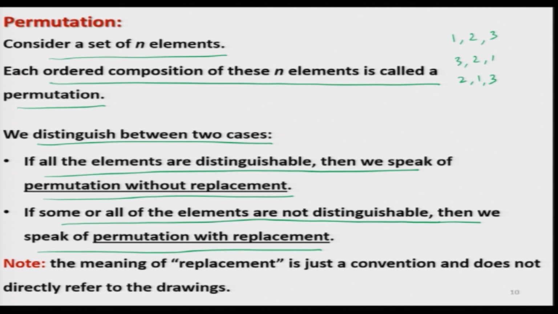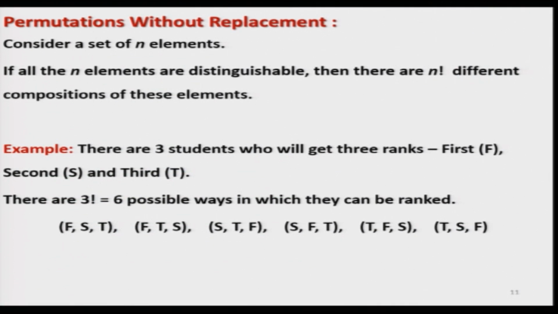One has to note that the meaning of this replacement is just a convention and does not directly refer to the drawing. Means you have to be careful that I am not using this word replacement in terms of simple random sampling with replacement and without replacement. Be careful. Right.